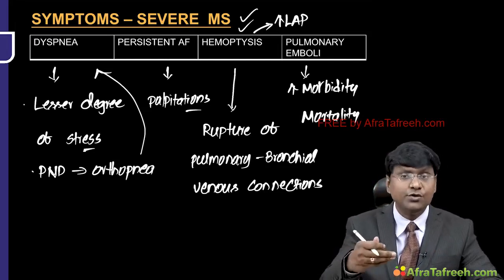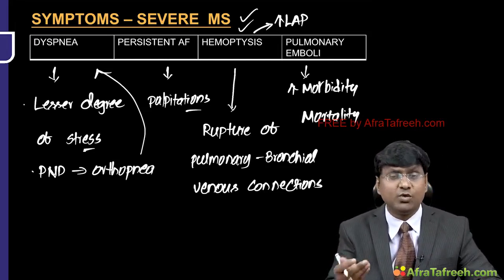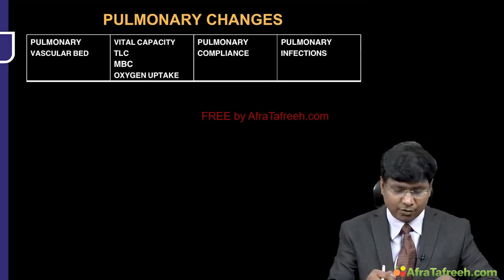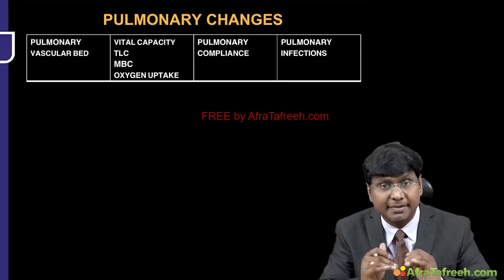But let me tell you a few more pulmonary changes. What are the pulmonary changes that you will come across in severe mitral stenosis? First and foremost, the pulmonary vascular bed.